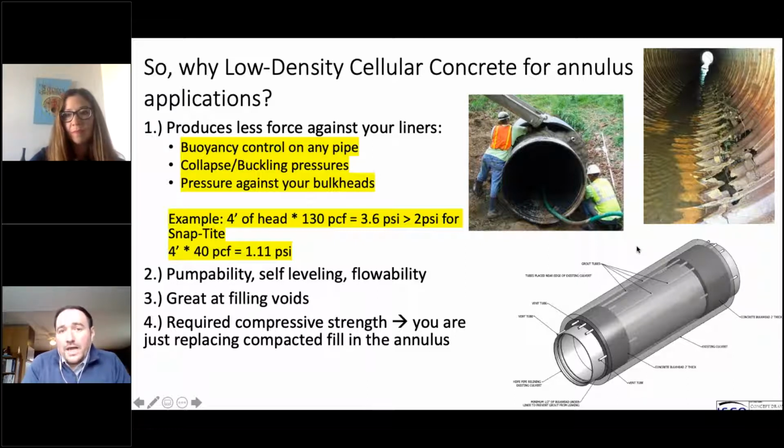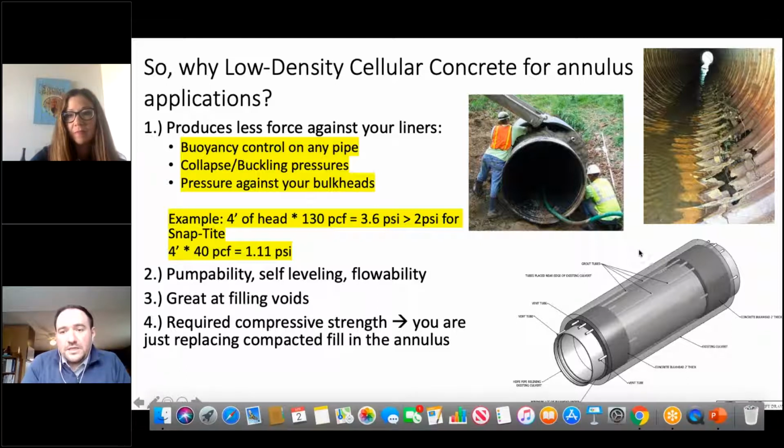And it's not the Bible by any means. The contractors have succeeded using other solutions, but it's a good practice to utilize. So the number of ports and or PVC tubes that you utilize can be per your decision. I would say the one thing that's going to govern that is what type of material are you using to fill that annulus.